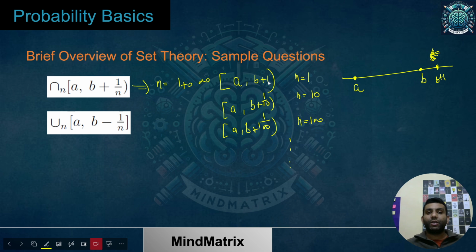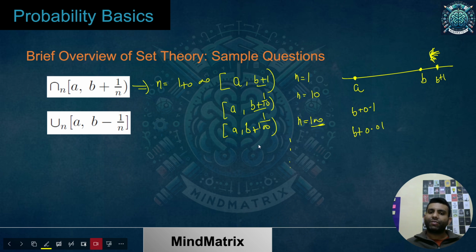For the first value it was b plus 1, for the second b plus 0.1, for n equals 100 it is b plus 0.01. As I increase n, I'm moving towards b.